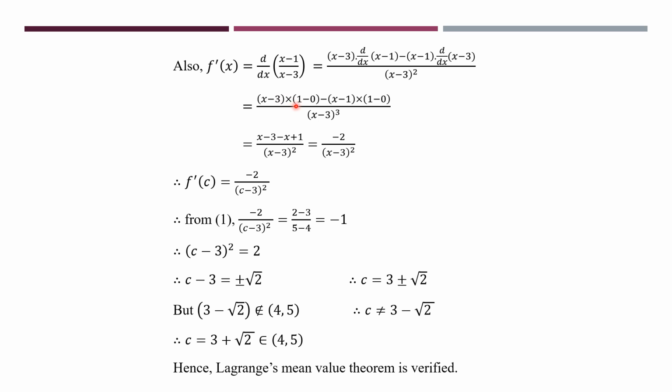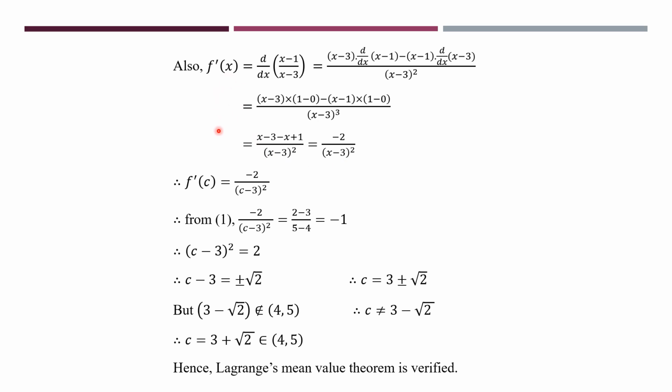Then here is x minus 3 minus x minus 1, but outside here is sign minus, therefore changing sign, minus x plus 1 divided by x minus 3 square. x cancel, minus 3 plus 1 is minus 2 divided by x minus 3 square.